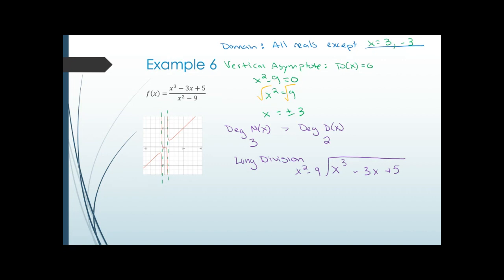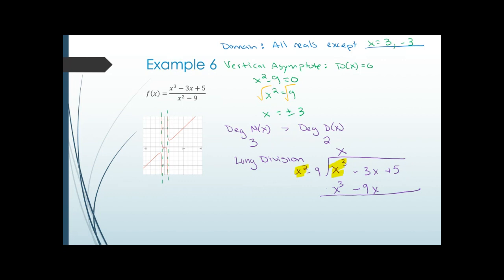So if I just look at the first terms here, we haven't done long division in a while. We're just looking at our first terms. So an x squared times x will get me x cubed. So I have an x cubed underneath. And I also multiply negative 9 times x, which is minus 9x.